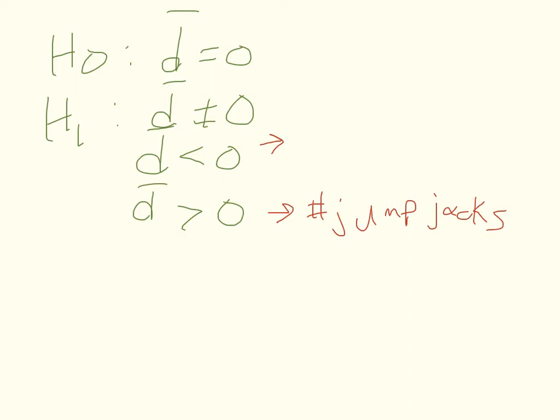Over time, you should be able to do more jumping jacks. But what if I looked at weight loss or weight? When you first started this program, you're at a certain weight, and then over 4 weeks, you'd expect that weight would shrink or get lower. And so those are examples where you'd want to have a mean difference that's less than what you started.